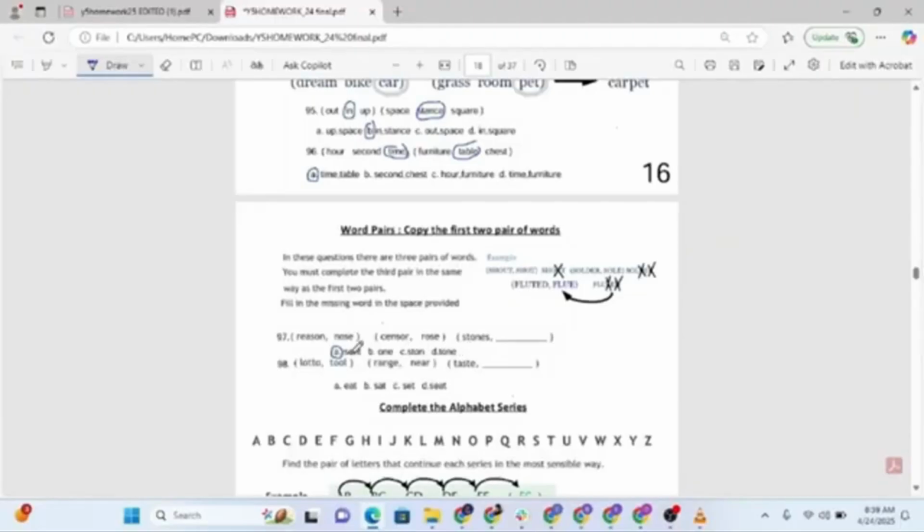Question 98. The first two word pairs are lotto and tool, range and near. They become taste and blank. The correct answer is option D, seat. Explanation. In each pair, we remove one letter from the 5-letter word and then rearrange the remaining 4 letters to form the second word.